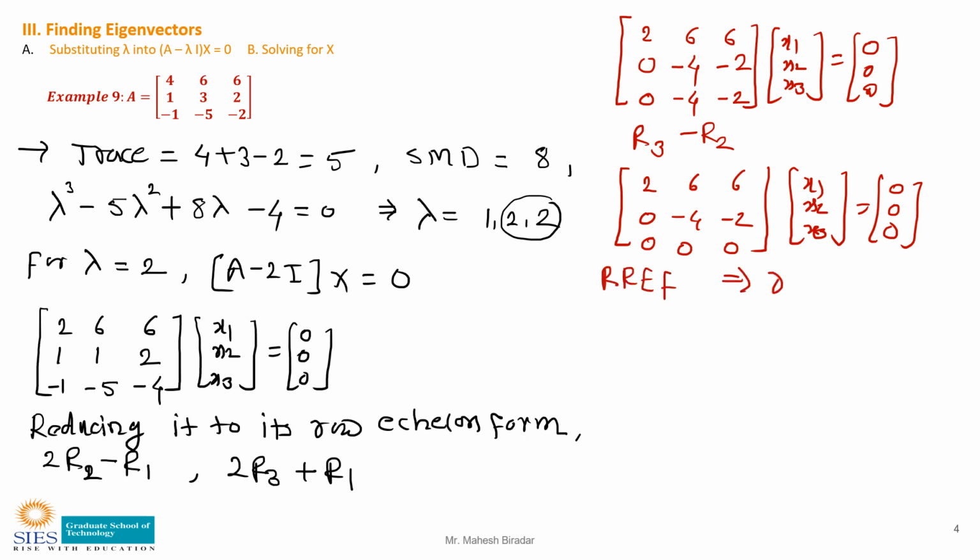Here rank is equal to 2 and n is 3. So the number of linearly independent eigenvectors, denoting S, is n minus r, that is 3 minus 2 equal to 1. So this has only one eigenvector.